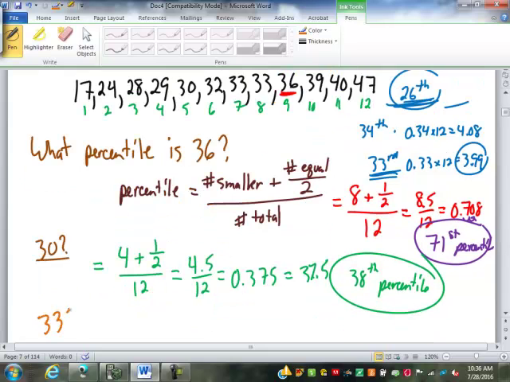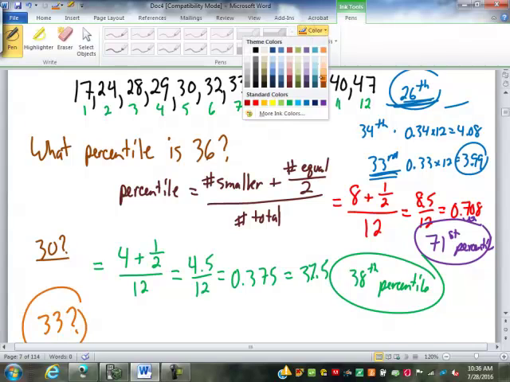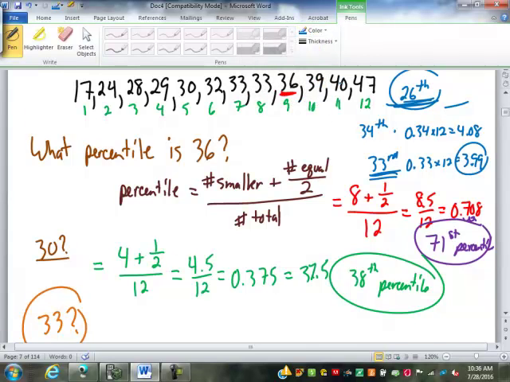What if I asked for 33? What percentile is the 33 in? Talk me through it. Okay, perfect. There are 6 that are smaller. Here's the 33, but there's 2 33s.